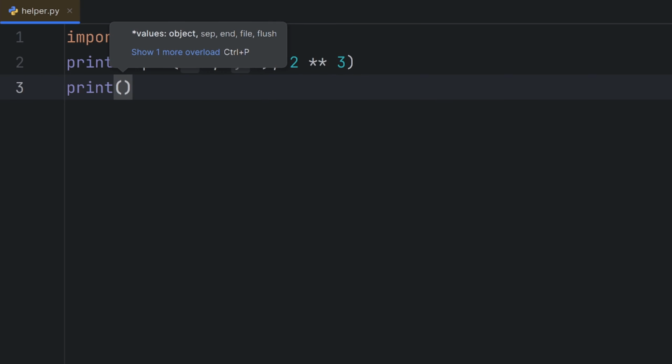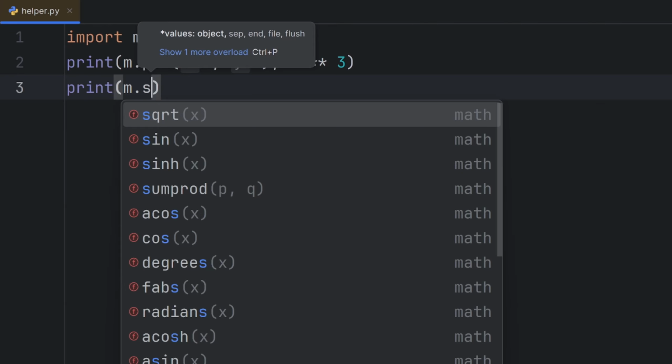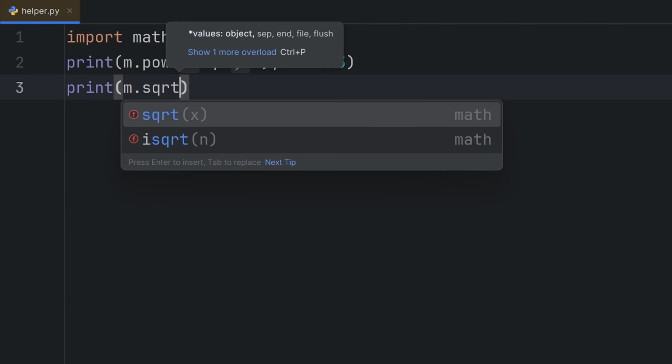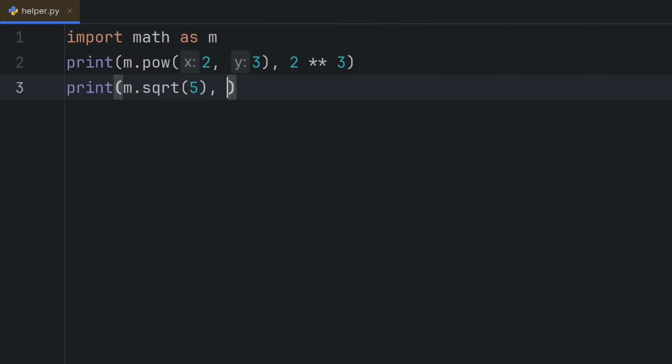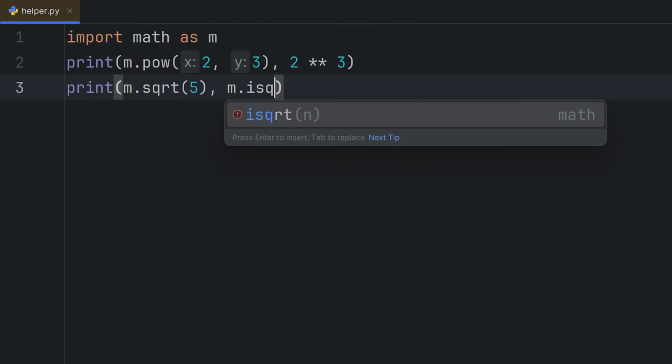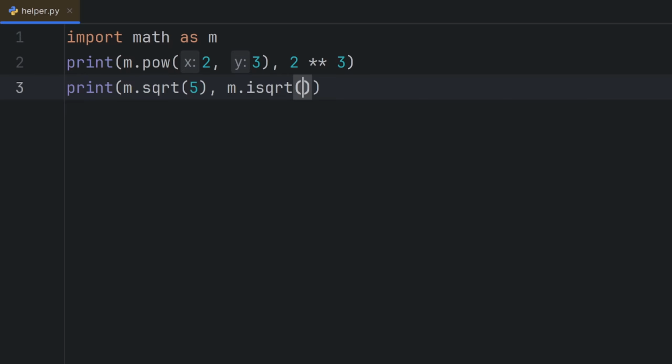Also, if you want a square root, in that case, you would write m.sqrt, which is square root. If I pass 5, this will calculate me the square root of 5. But as you saw, there is isqrt. This is short for integer square root, which will round the square root of 5 to an integer number.